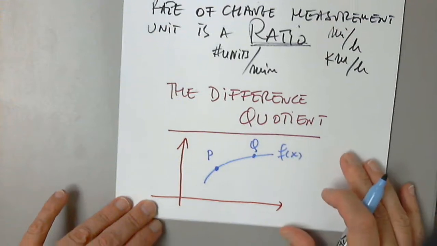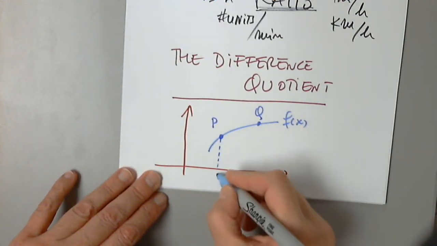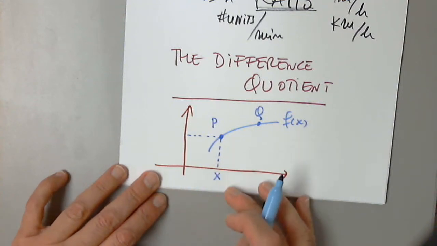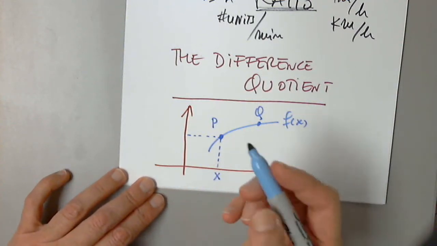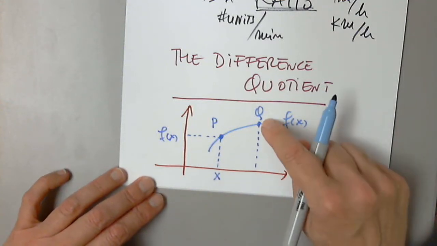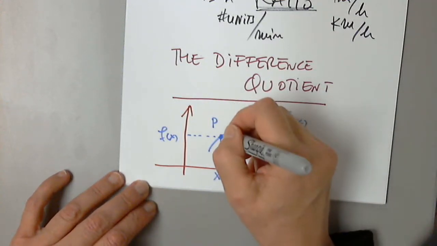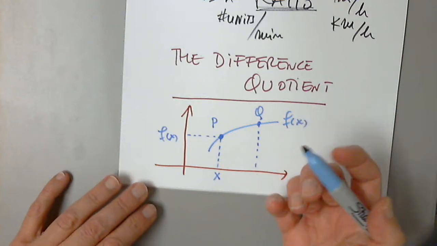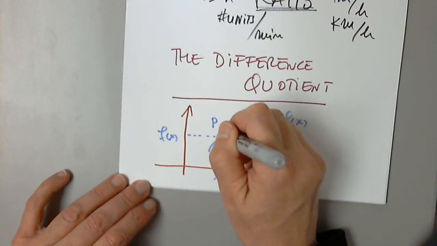I'm going to ask you to give me the y coordinate of point P. If its x coordinate is x, of course, it will be f of x. Now, careful here, Q is a point this close to P. So I'm literally zooming in, because I can't show you anything if I show you that Q is here, right?